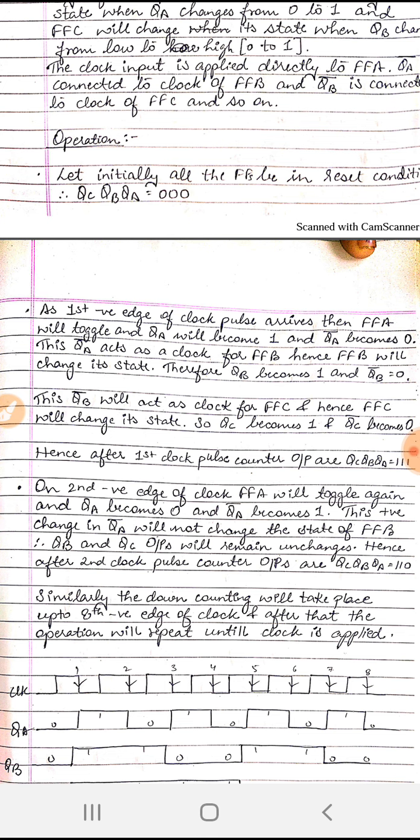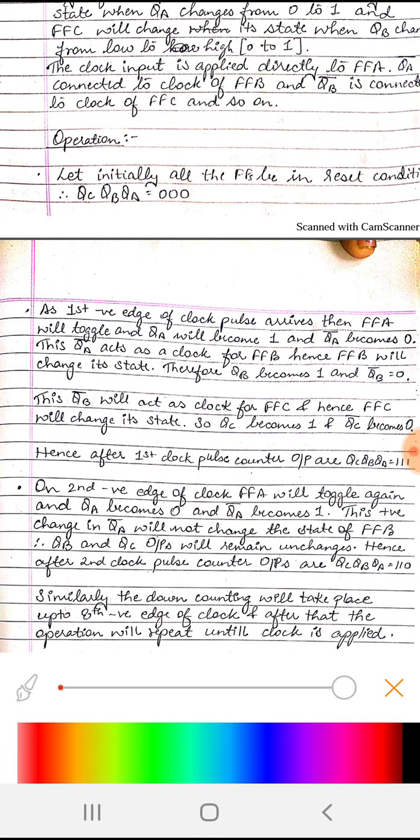So that QA bar acts as a clock, since we are using the clock from the complemented output. So this QA bar, that is 0, will act as a clock for flip-flop B. Hence flip-flop B will change its state. Therefore QB becomes 1 and QB bar becomes 0.